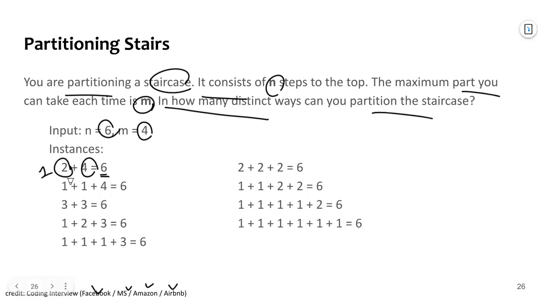And the next case is take 1 step, and 4 steps. And 3, 3, 6, 1, 2, 3, 6, like this. So in how many ways can you climb this staircase, taking the maximum step of m?